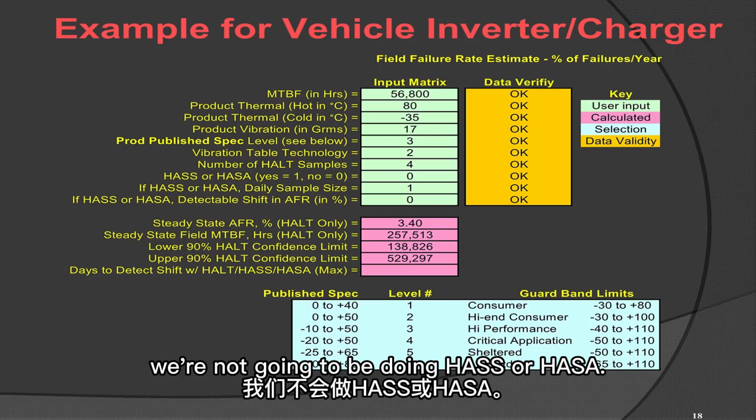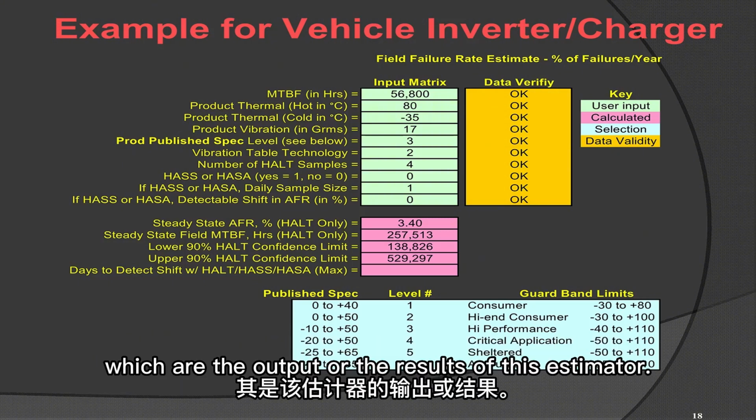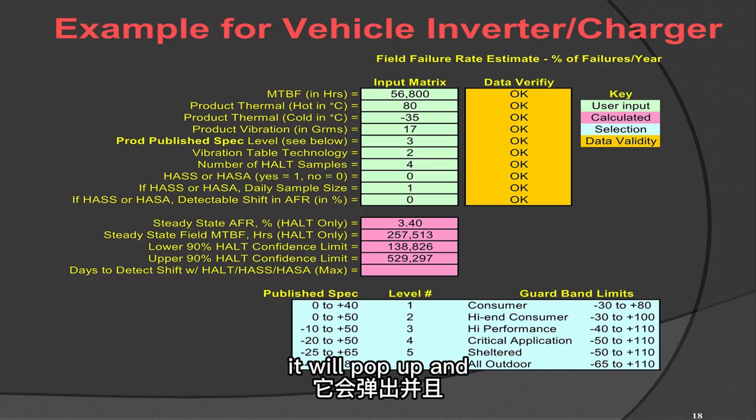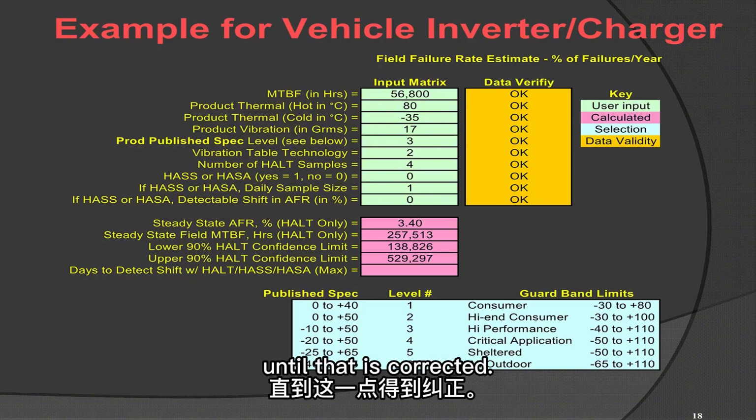We're not going to be doing HASS or HASSA, so the bottom 3 fields are not considered in the pink area or the red area just below it, which are the output or the results of this estimator. By the way, if a mistake is made in any of the green input cells above, then over in the data qualify, it will pop up and say that there's an error that needs to be corrected, and it will not allow you to proceed until that is corrected.